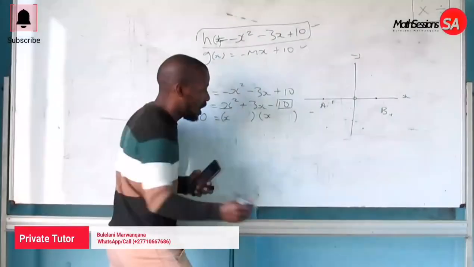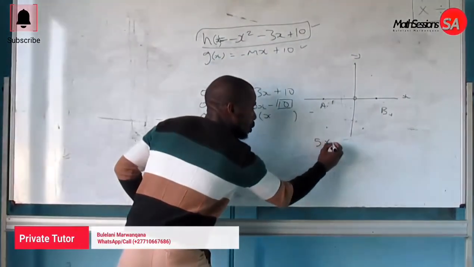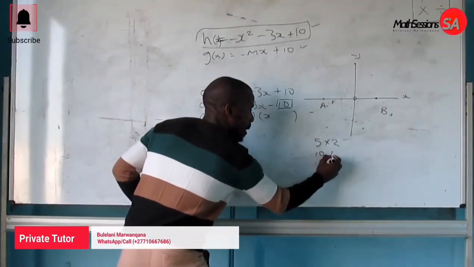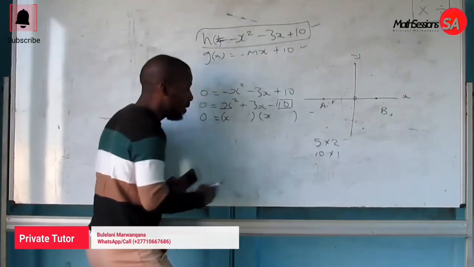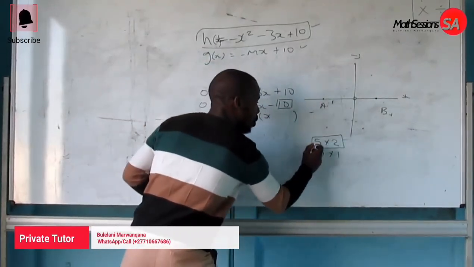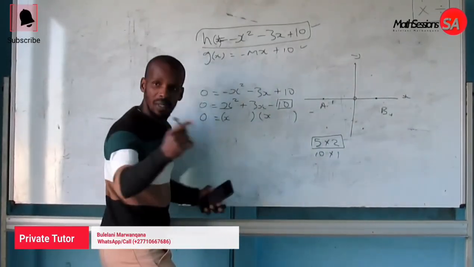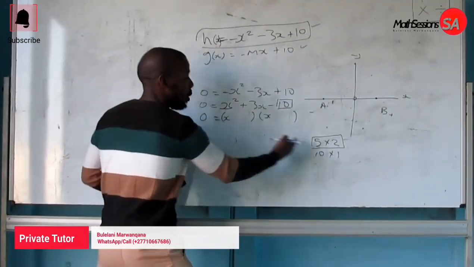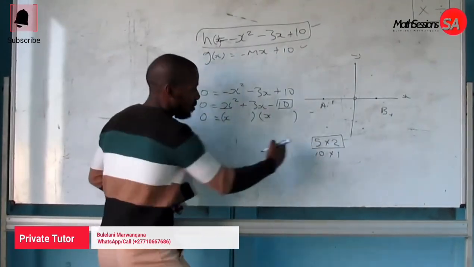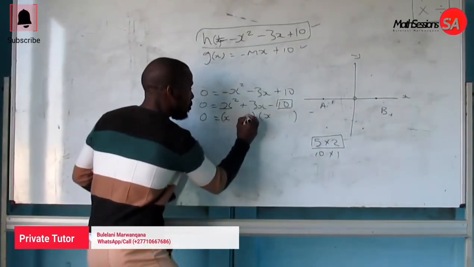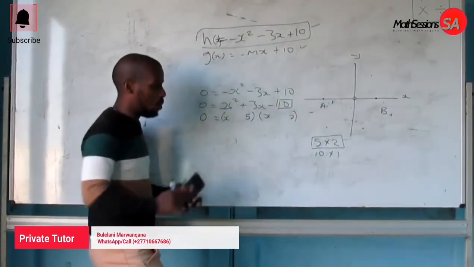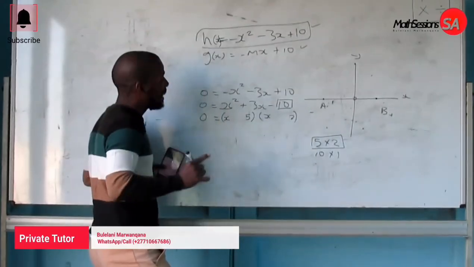So let's find the factors of 10. The factors of 10 are 5 by 2 and 10 by 1. In this case, the suitable pair is 5 by 2. When you subtract, 5 minus 2 gives you a positive 3, and 5 by 2 gives 10. So we take 5 and 2, one on each bracket.